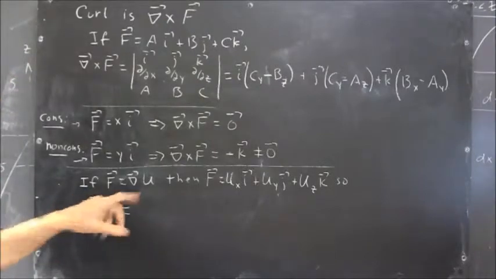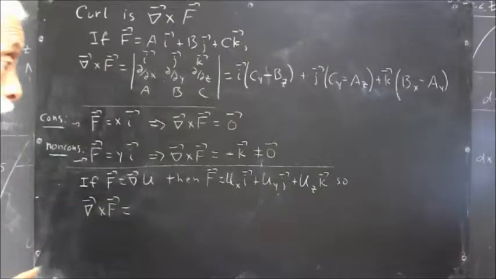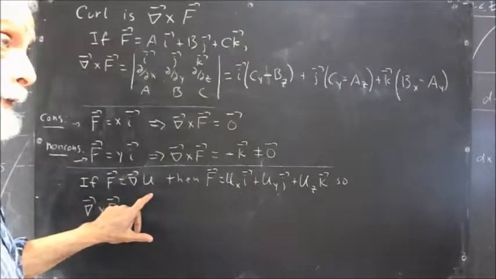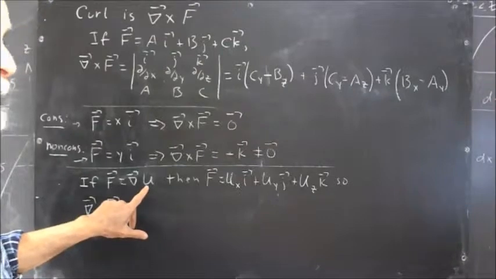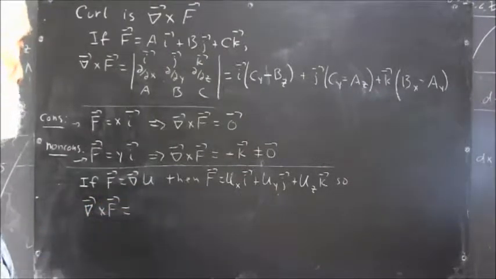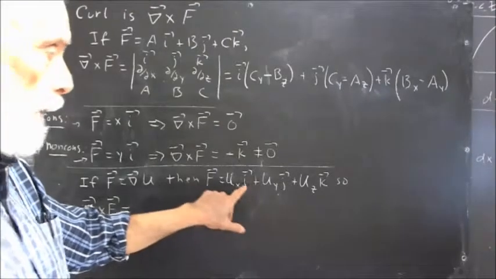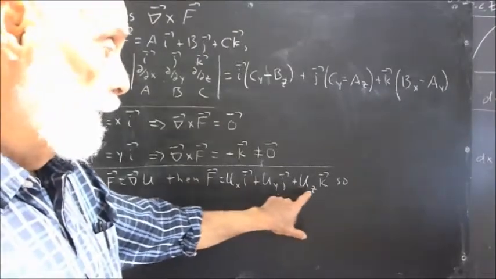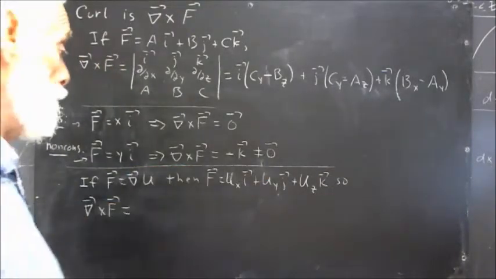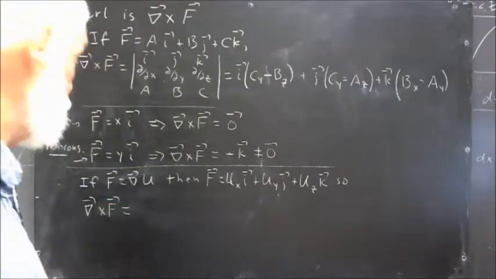So let F be a conservative function. Now what's a conservative function? One characterization of a conservative function is that it's a gradient of a potential function. We don't care what the potential function is. If F is a gradient of that potential function, then F equals Ux times i plus Uy times j plus Uz times k. That should be straightforward in terms of what we've discussed so far.